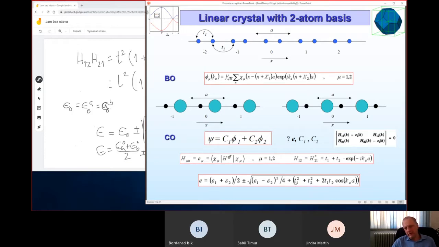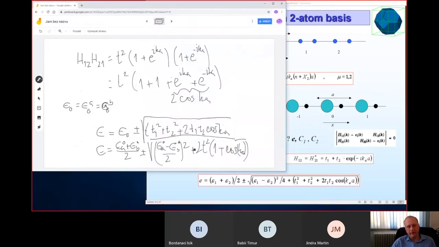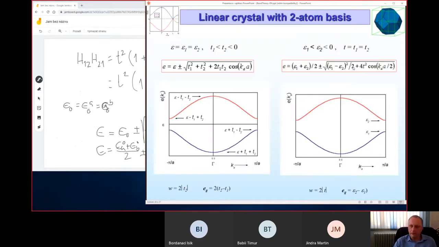I would say that I have correctly written this part. I'm not sure, but I would guess it is correct. Well, this wouldn't be correct, probably. Perhaps they considered some relations between the goniometric functions, because here we have Ka over 2. So probably it can be arranged into this form.